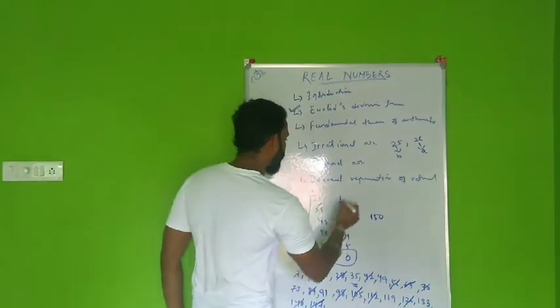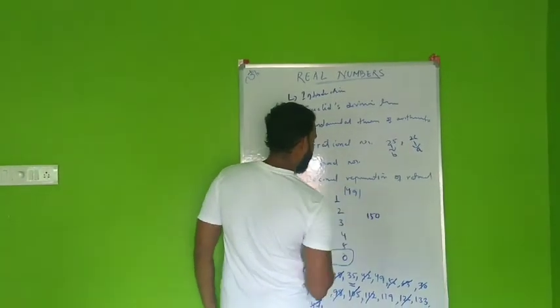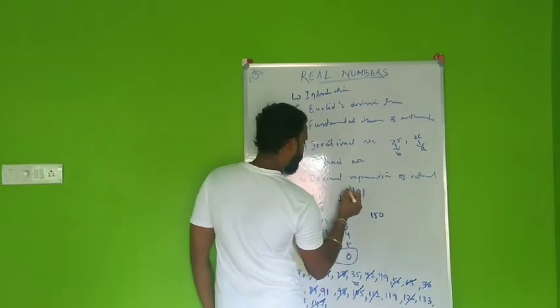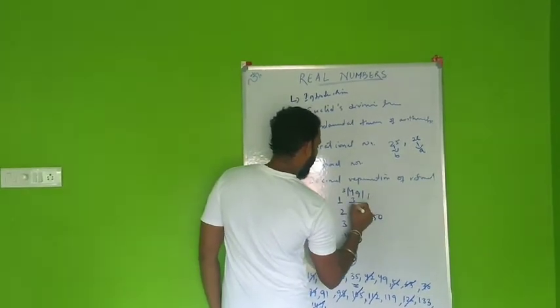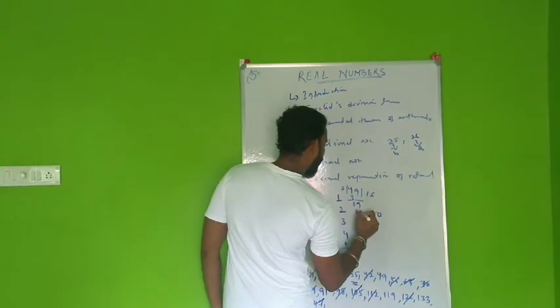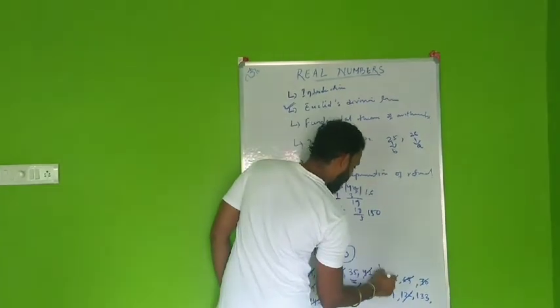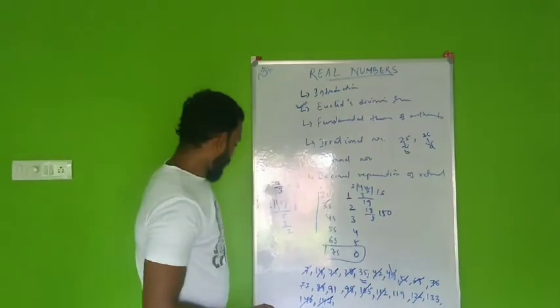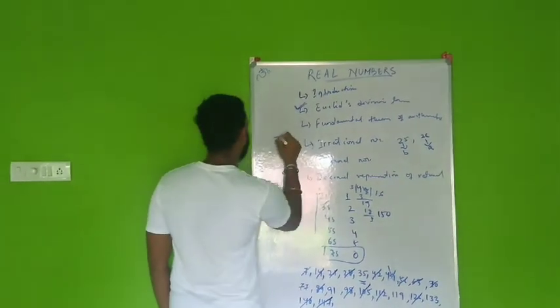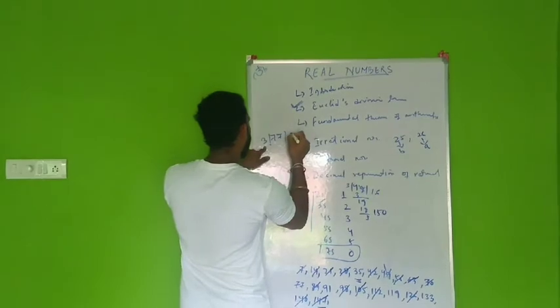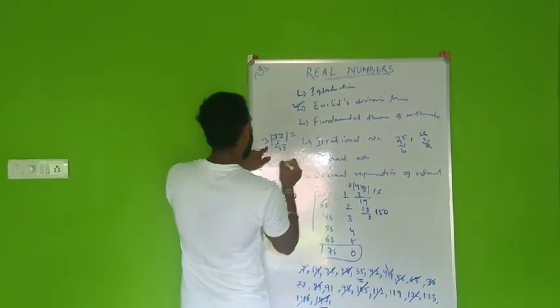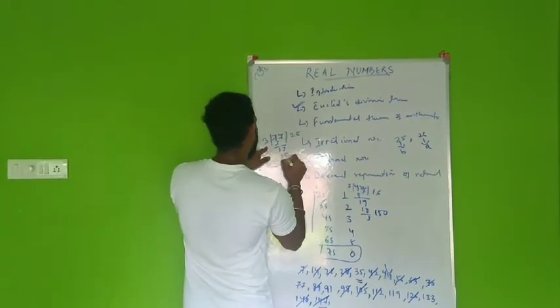Now if I consider 49, when it is divided by 3, 3 times 16 is 48, so the remainder is 1. So this is not a possibility. Next, 77. If I divide 77 by 3, 3 times 25 is 75, so the remainder is 2.